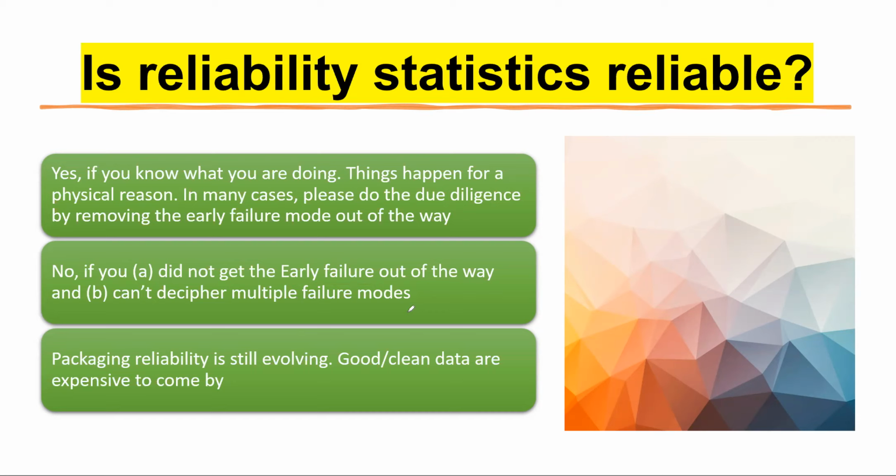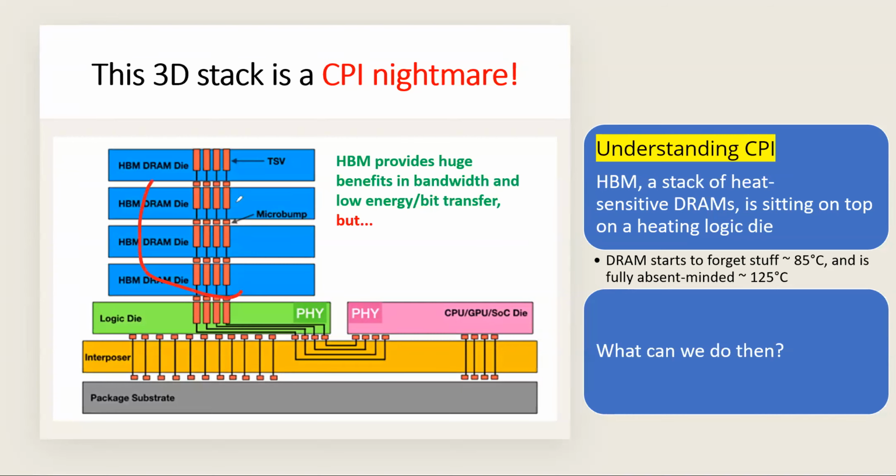For example, HBM, as we explained earlier, failed because of temperature. When you go above 85, it went nuts. So this is a temperature effect. And then the failure of the logic die will be different, something else, maybe your gate oxide is too thin or something like that. It's different from the HBM. That is what I meant by multiple failure mode.